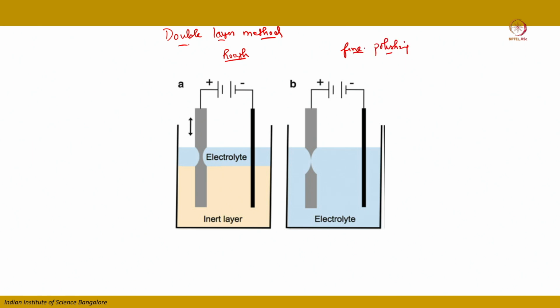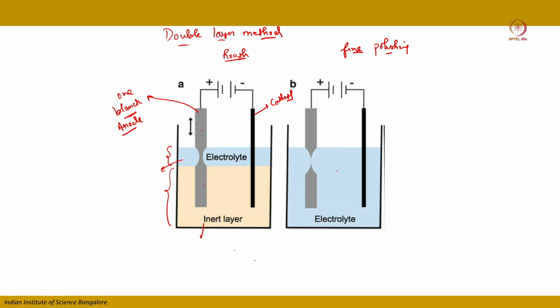In rough polishing, this is one blank, this acts as an anode and this is a cathode. This is your electrolyte and this is your inert layer. The blank is repeatedly dipped into the layer of electrolyte which is placed on top of an inert layer.